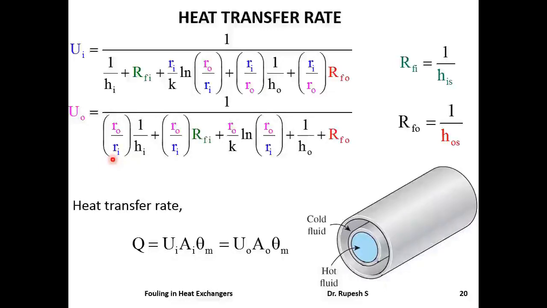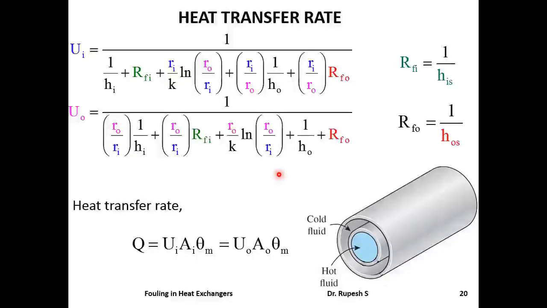In practice, fouling factors are determined experimentally by testing heat exchangers in both clean and fouled conditions. And the values of fouling factors published by TEMA, that is Tubular Exchanger Manufacturers Association, is available in standard heat exchanger data books.